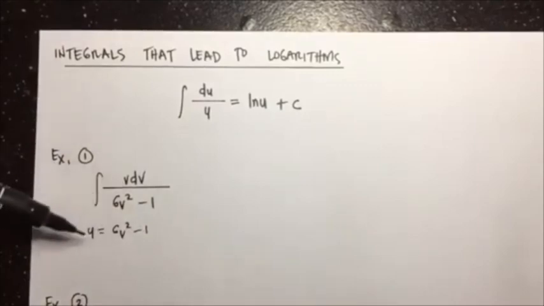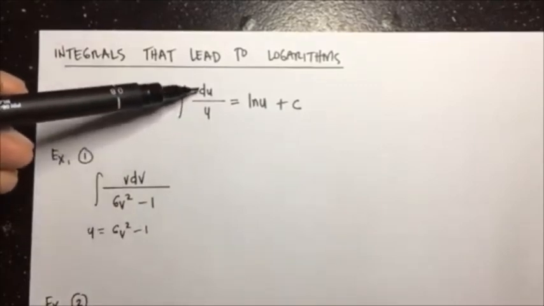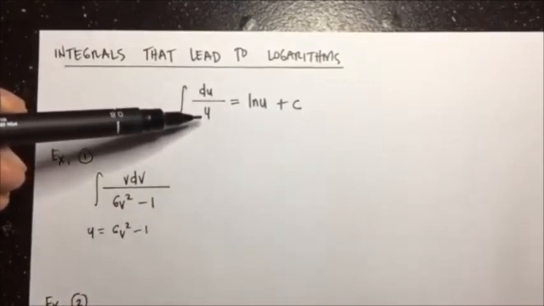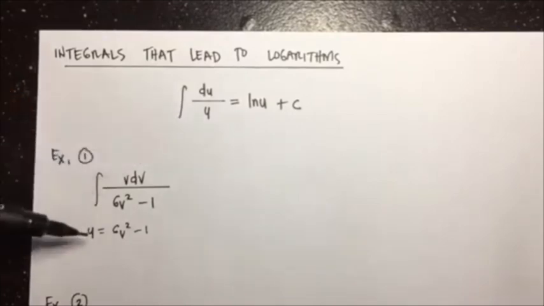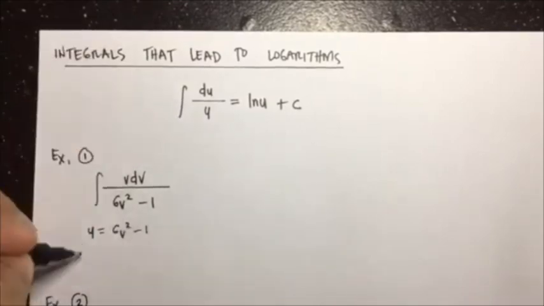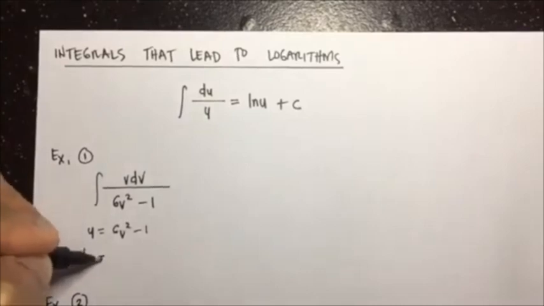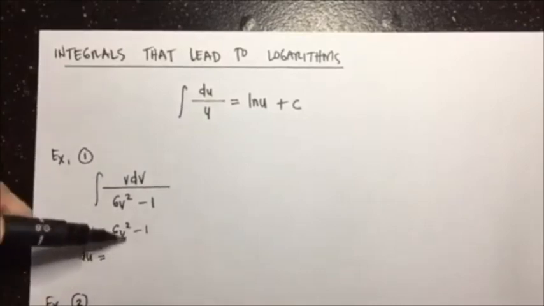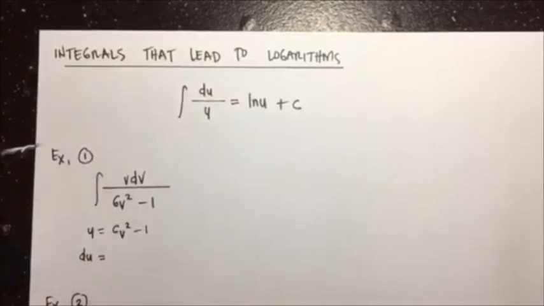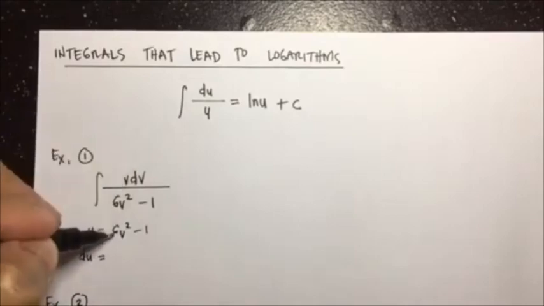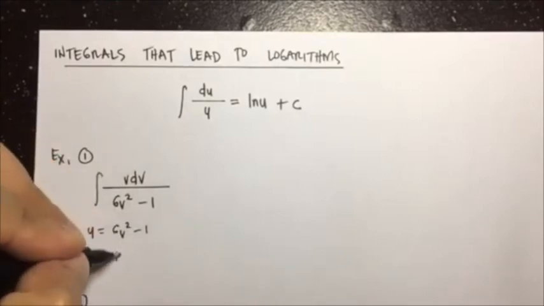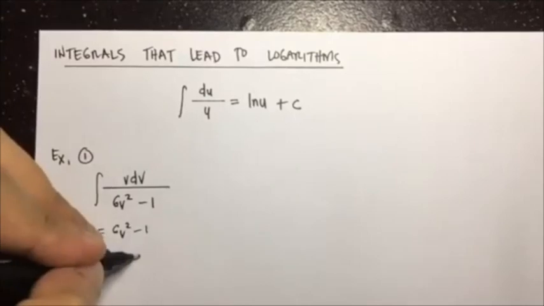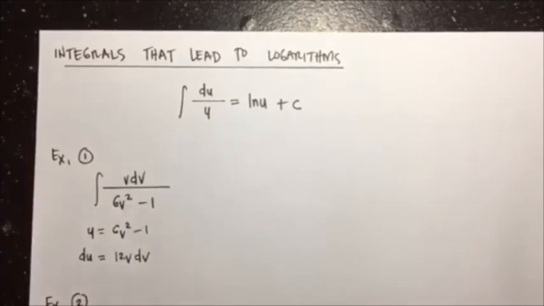For us to apply this formula, the numerator should be the complete differential of the denominator. Our denominator is u, its complete differential du is, differentiating 6v squared, 6 times 2, so that is 12v dv.